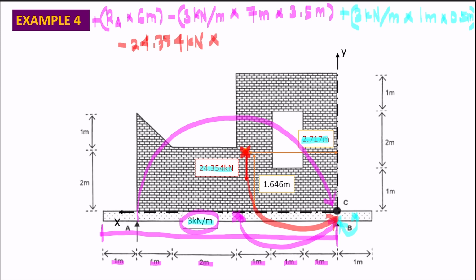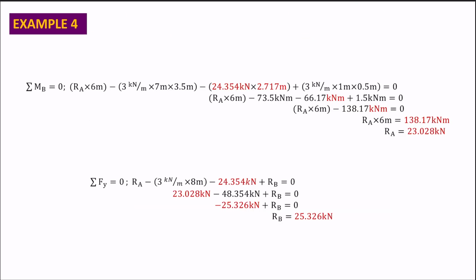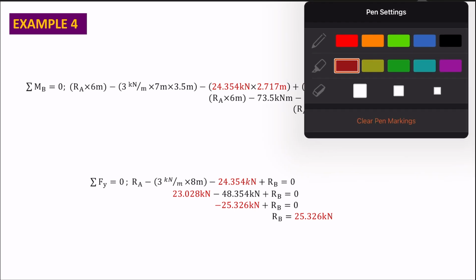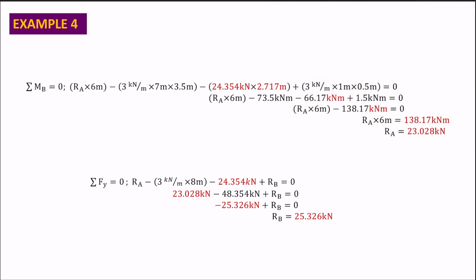And times the distance to the point B, 2.717 meter. Equilibrium, therefore, equal to 0. So this is the calculation, ya. Ini adalah daripada beam yang arah lawan jam.